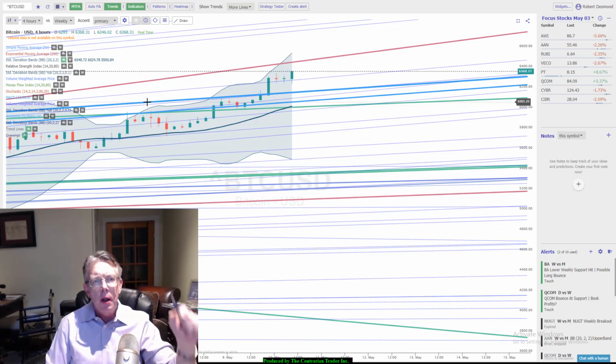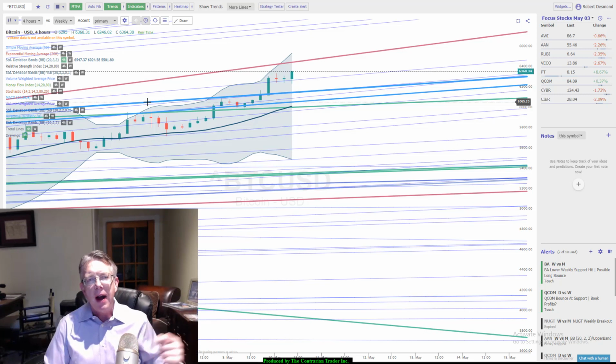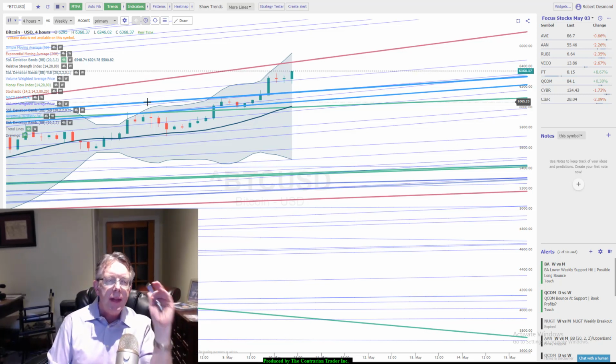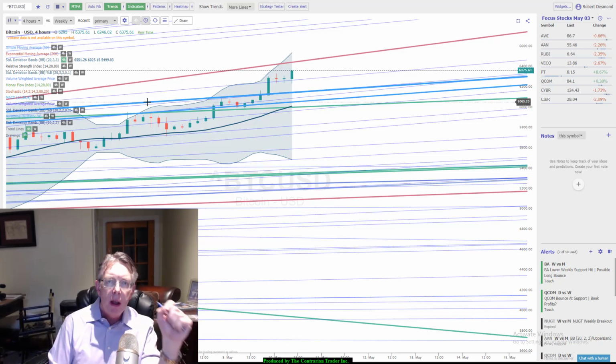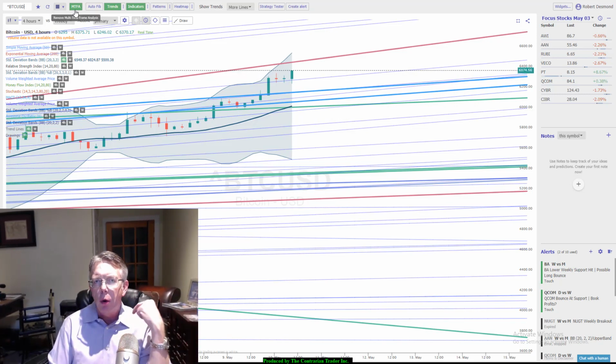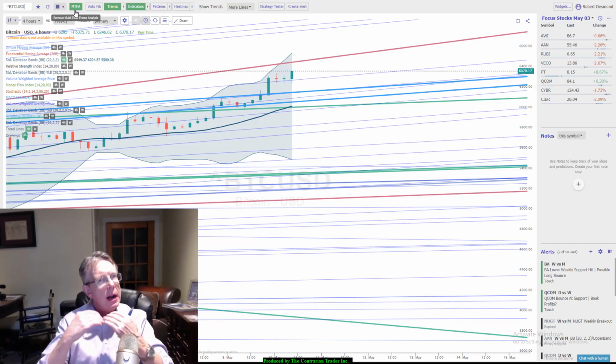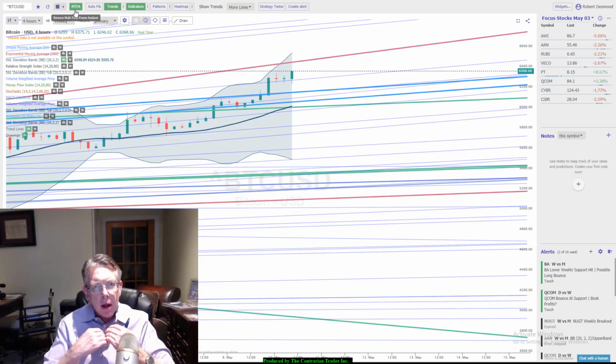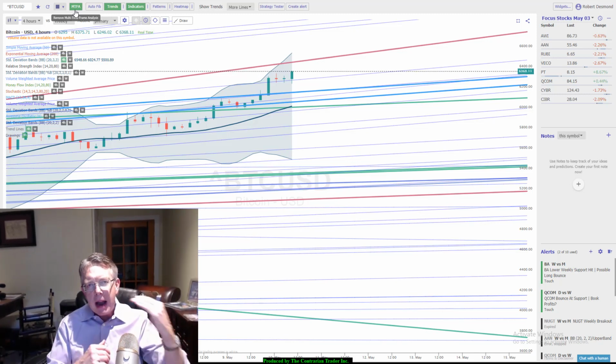TrendSpider is our sponsor. What you're looking at here is their product. One click, and they tell you exactly where your support and resistance levels are with the click of a button. If you believe in multi-time frame analysis, MTFA, I do. It's the backbone of what I do. And that means that you're using not just a daily chart, but a weekly chart, a monthly chart to help you identify where you have macro support.